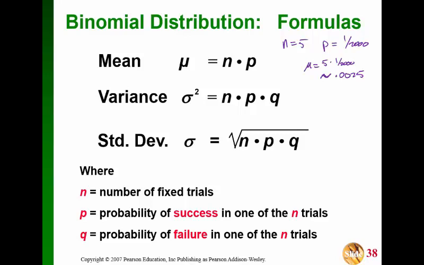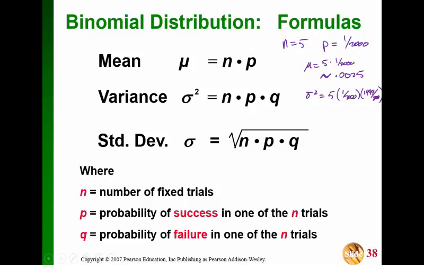The variance is the standard deviation squared. 5 times 1 over 2,000 times the complement q, which is 1999 over 2,000.